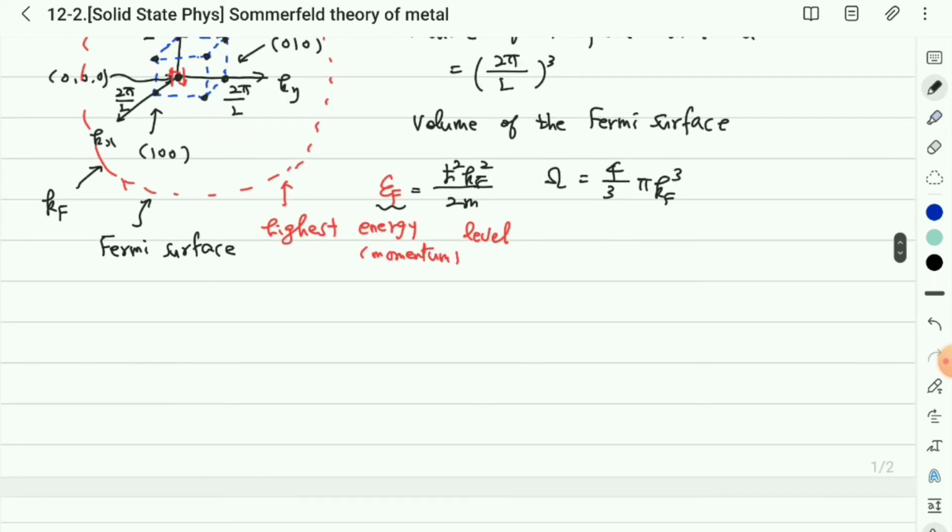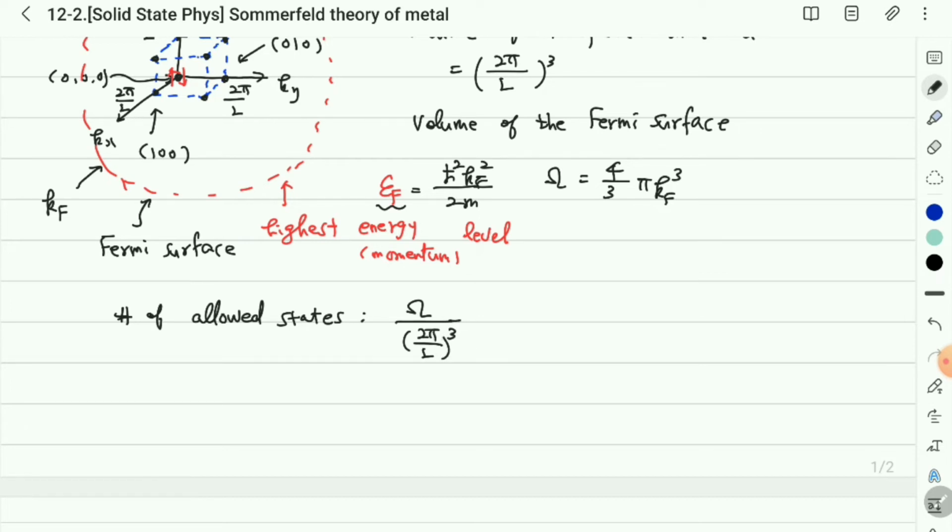In this case, the number of allowed states is the Fermi surface size divided by the unit cell volume. The unit cell volume is (2π over L) cubed.